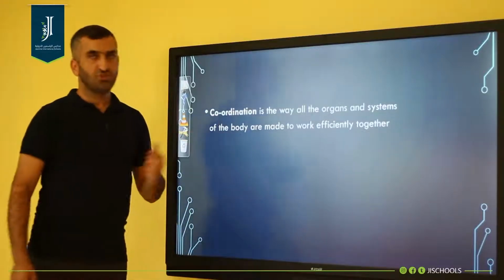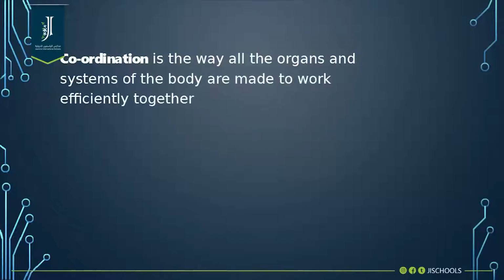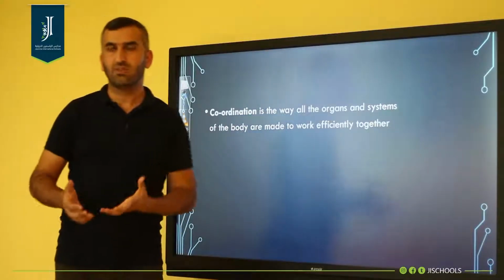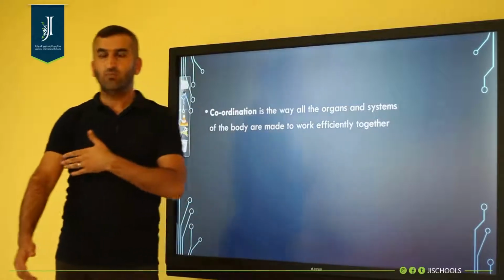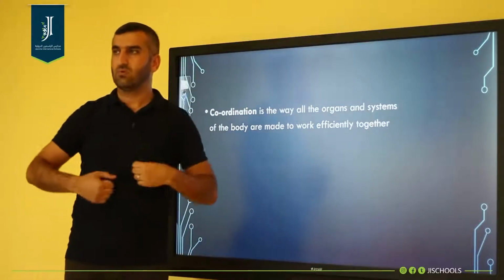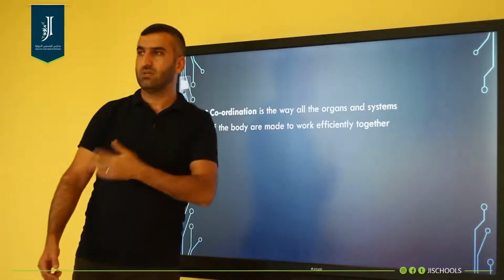In general, the process of coordination is the way in which all organs and systems in the body can work efficiently together. So, how do we regulate, let's say, the movement of our muscle? The muscle needs blood.